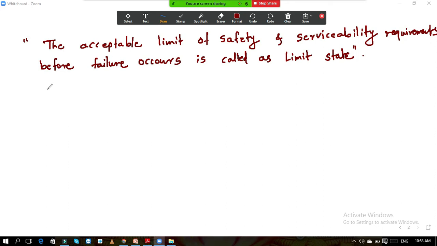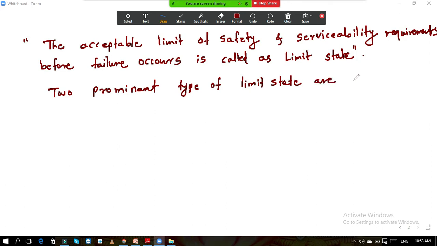So I will write here: two prominent types of limit state are as follows.